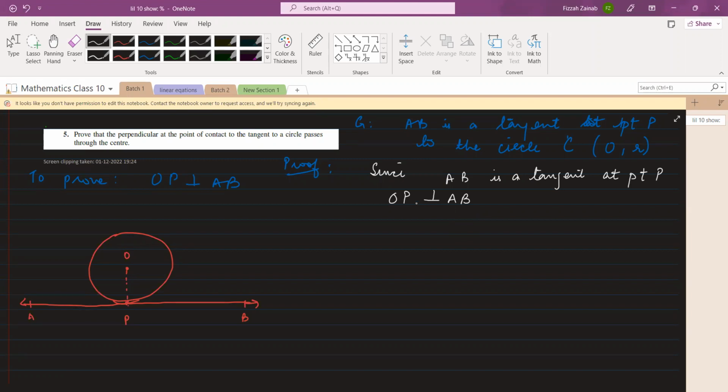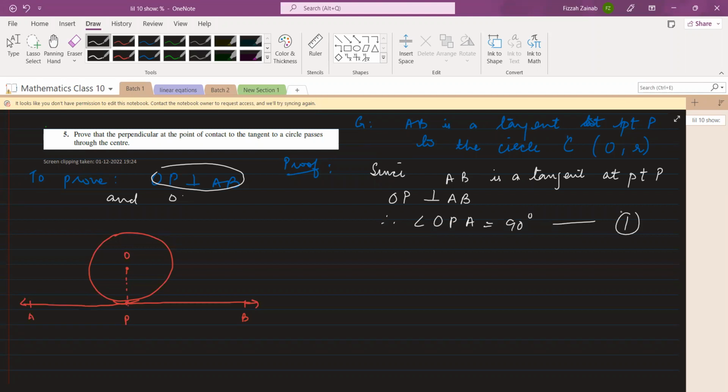I think you will be confused now because this is the thing we have to show, right? First you do the proof, then I'll show. The OP is perpendicular to AB. Is that okay? So therefore the angle OPA is 90 degrees. So this much you know. Let's call it result number 1.